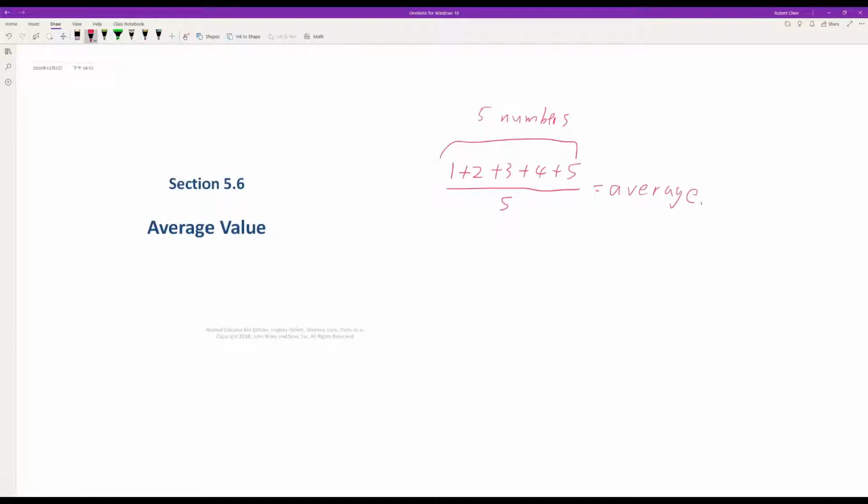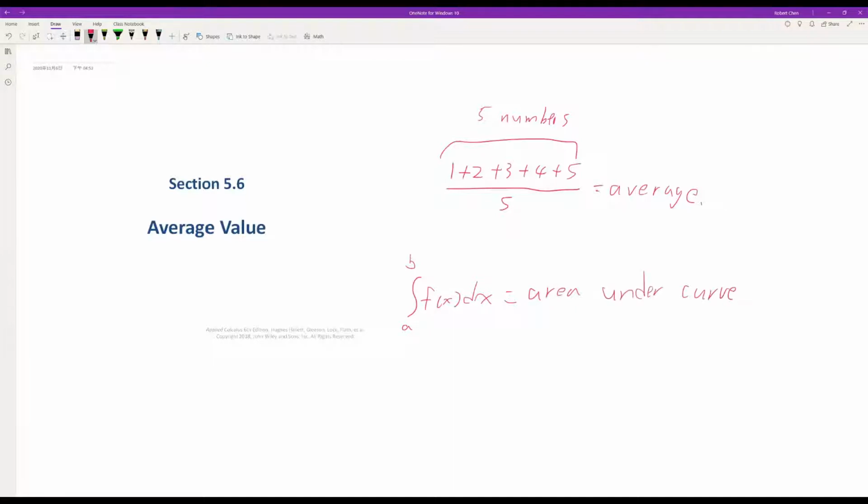Now let's think about it in terms of a definite integral. A definite integral is the sum of all the small rectangles, all the areas under the curve.